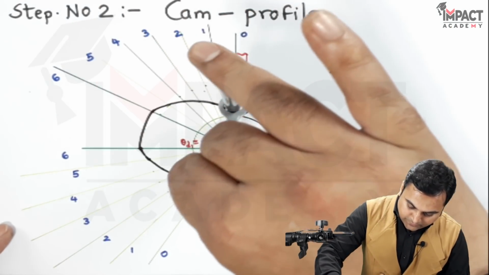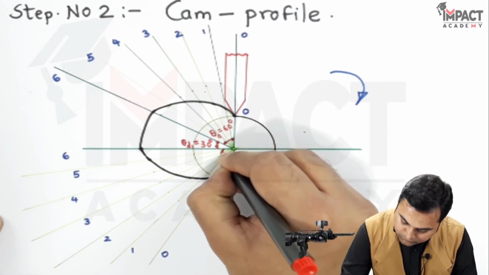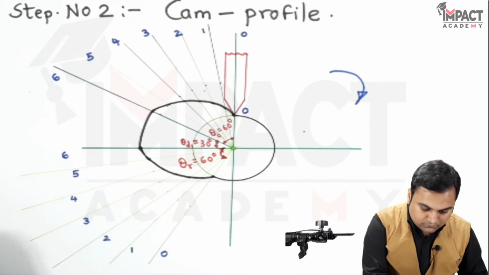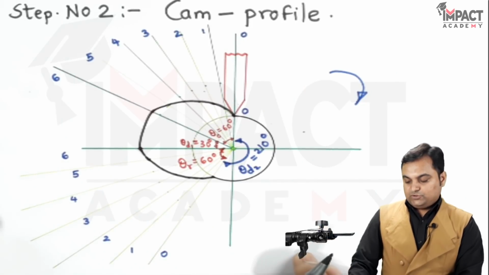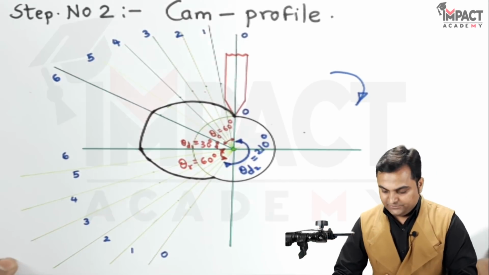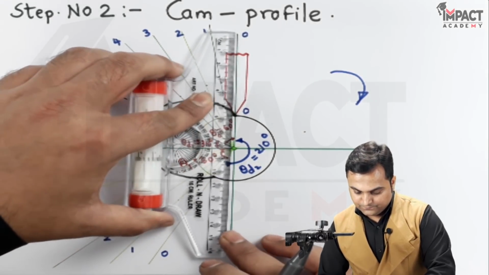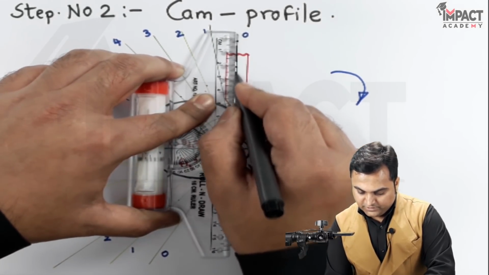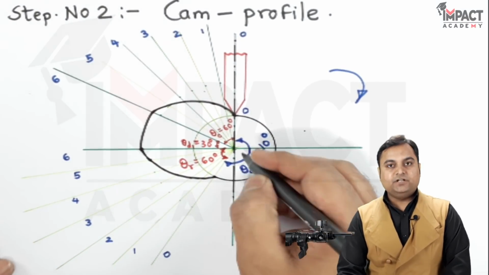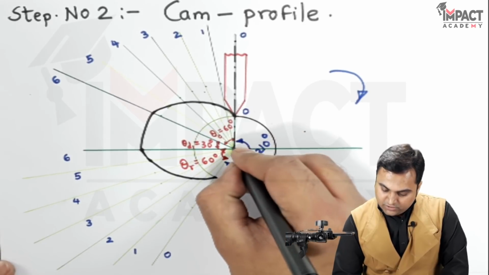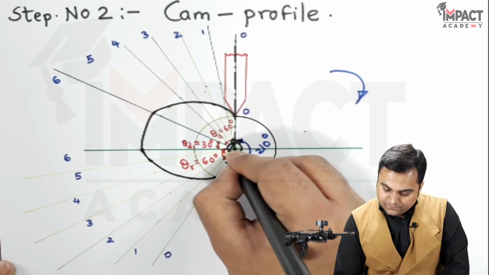That is the remaining dwell period. It is 210 degree, that is the remaining dwell period, and finally I can draw the axis with the help of center line.